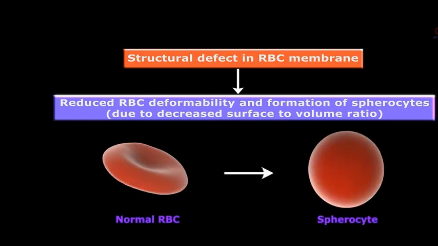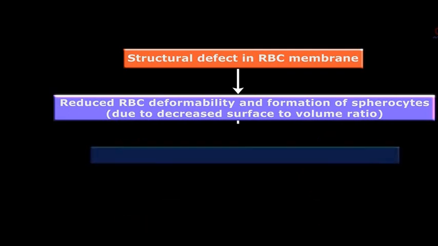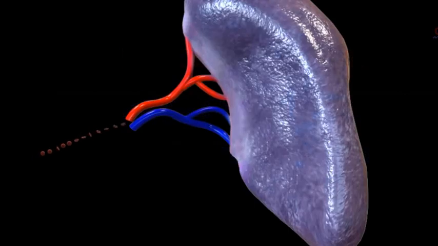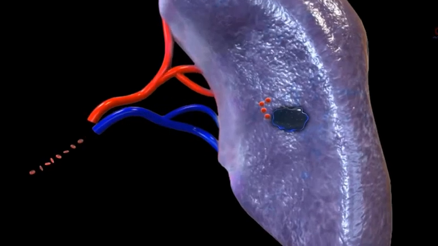Whenever spherocytes form, there is reduced RBC deformability. Now we will see what happens when reduced RBC deformability exists and they get inside the splenic sinusoids. There are interendothelial fenestrations, and these cells get trapped in the interendothelial fenestrations of the splenic sinusoids, where there are splenic macrophages.